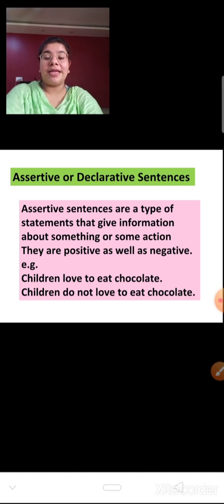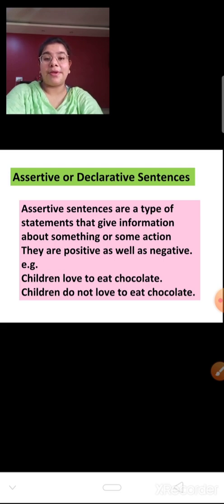If I say he is standing, that means I am giving you information that that boy is standing. If I am saying that he is not eating his food, I am informing you that he is not eating his food. So any sentence which gives us information is known as an assertive or declarative sentence.